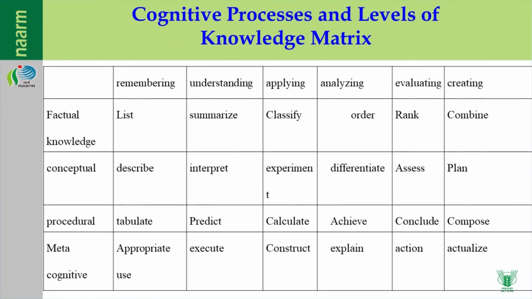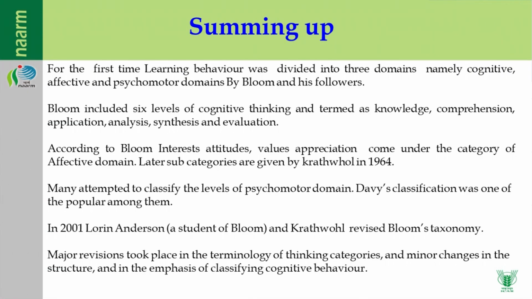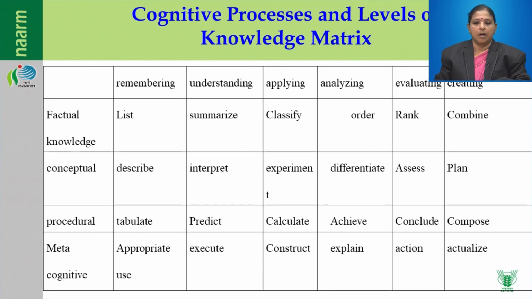And the advantage of the revised Bloom's taxonomy can be observed in this matrix table. In the revised Bloom's taxonomy, there is a possibility of showing objectives very clearly in this matrix table. The horizontal rows represent the types of knowledge, and the vertical columns show the levels of cognitive processing. For example, in this table, the first one, listing: the behavioral change of listing comes under the first level of cognitive process, that is the remembering level, and it is related to factual knowledge.